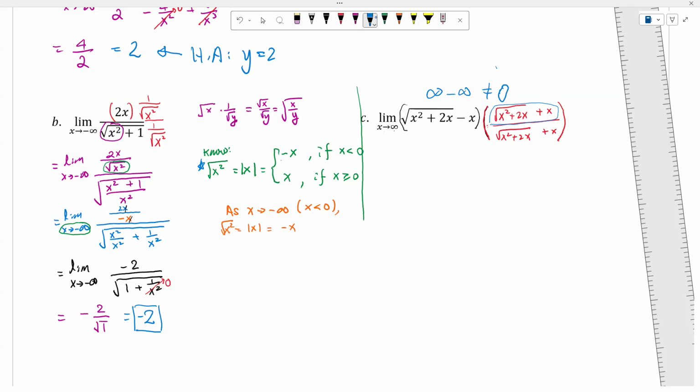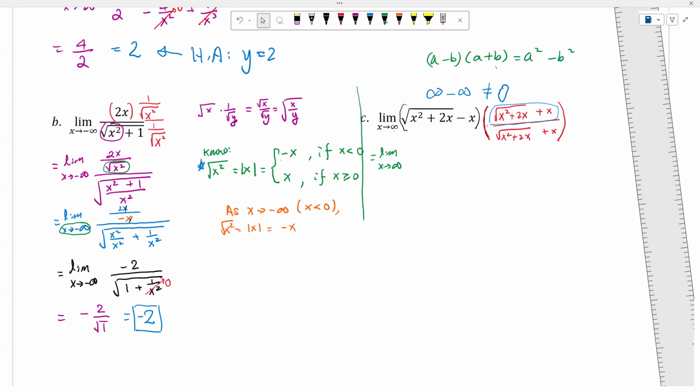Now try to pause the video and work out this problem. Let's see. Remember, a minus b times a plus b is equal to a squared minus b squared.